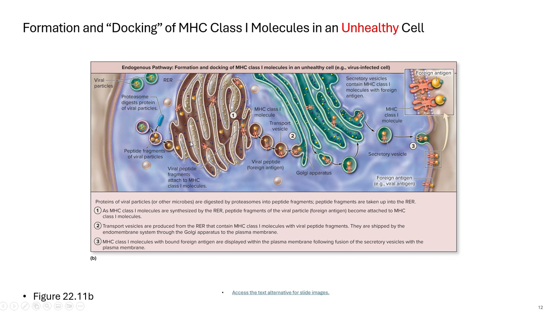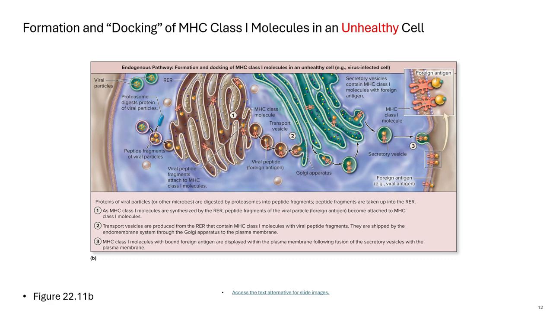So in this case, now that we have a foreign antigen in the membrane attached to an MHC1 molecule, when our immune system cell comes over, and again, maybe it's a cytotoxic T cell that we'll talk about later, it's going to see that and view it as abnormal, non-self, and it will then exert an immune response, right? And so we'll talk about later how you actually initiate that immune response. How does the cell become activated, and then what is its effect after it becomes activated?